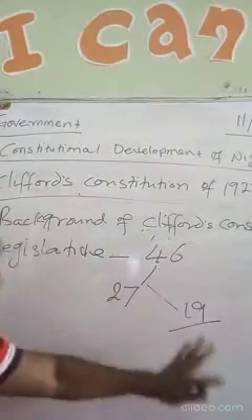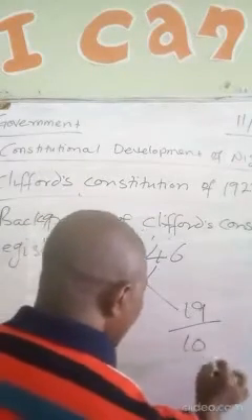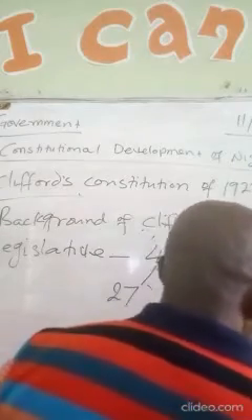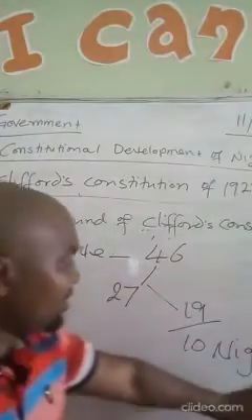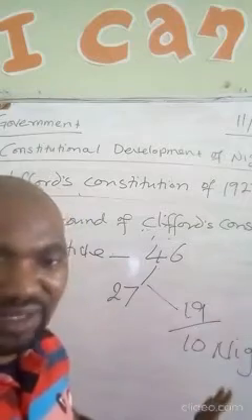Now, out of these 19 unofficial, 10 are Nigerians, and the remaining 9 are non-Nigerians.